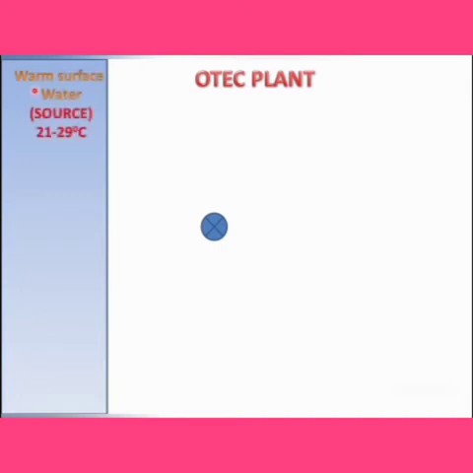We have warm surface water at a temperature of 21 to 29 degrees Celsius, and we have cold water in depth at a temperature of 5 degrees Celsius. We will use this temperature difference for creating electricity. Surface water temperature and depth water temperature of the ocean.